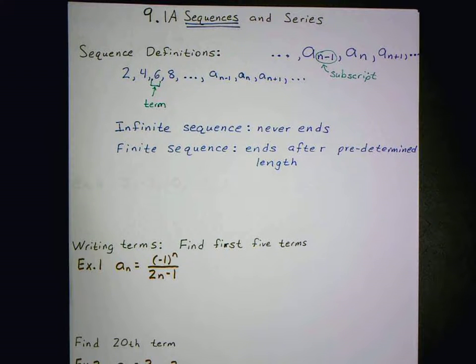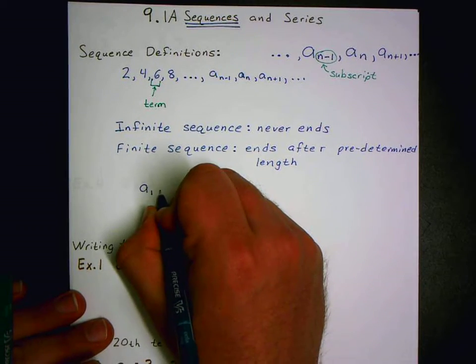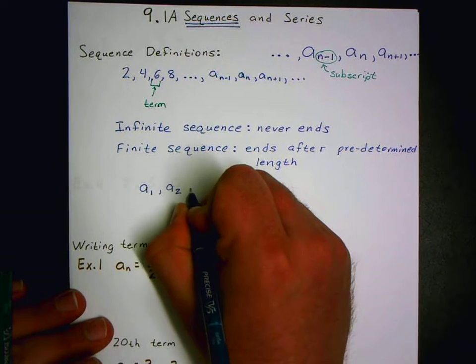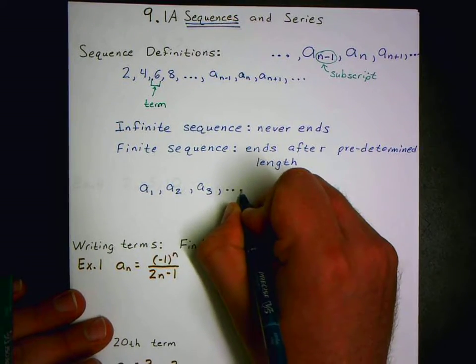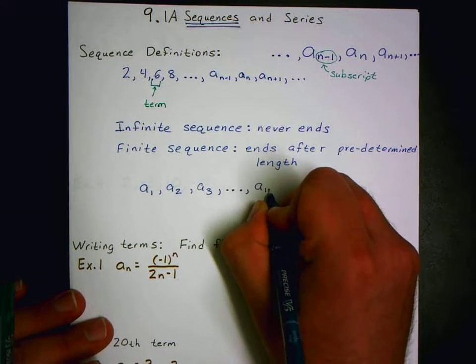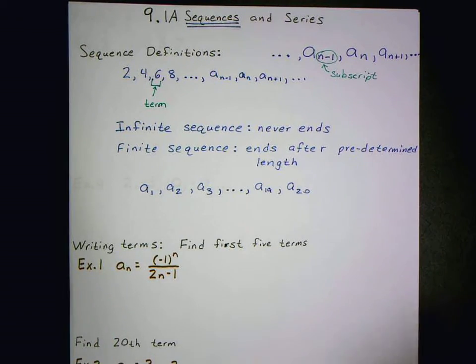So, we may say that our sequence ends after 20 terms. And that's just a finite sequence. So, for a finite sequence, we may start with A1, A2, A3, and it goes on. We have A19, and then A20, and then it ends. So that's a finite sequence.